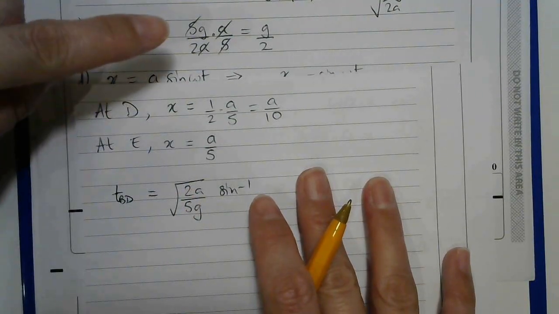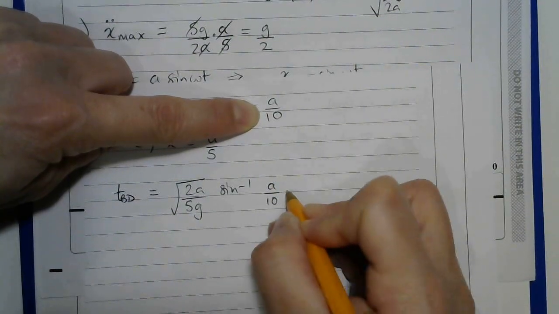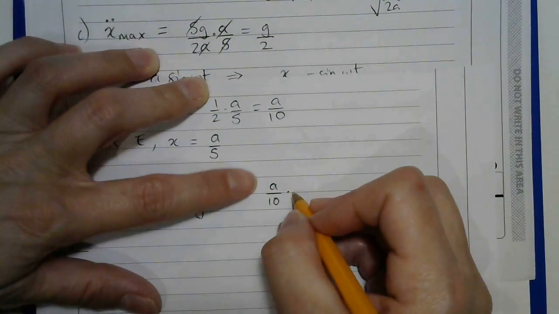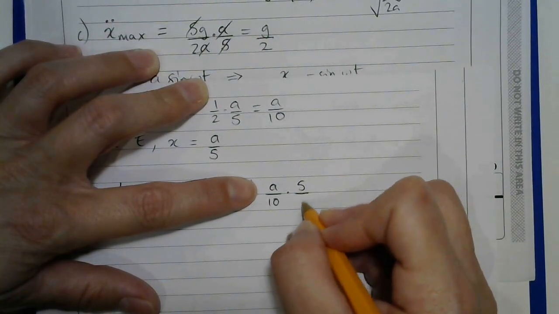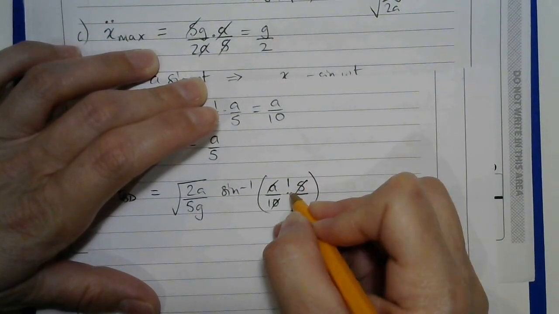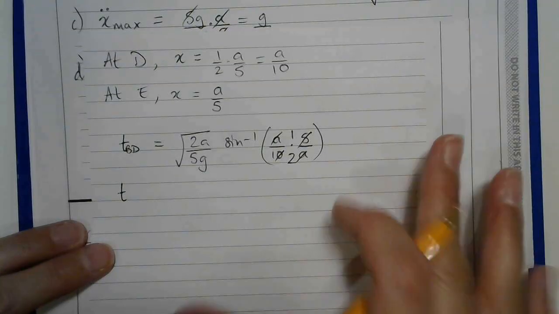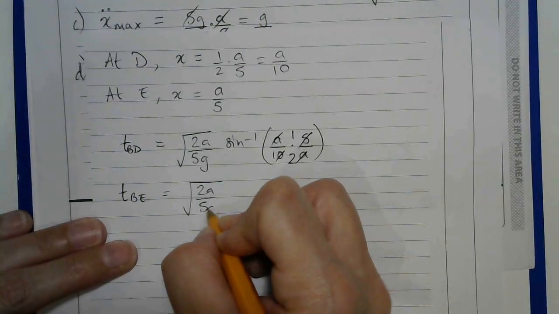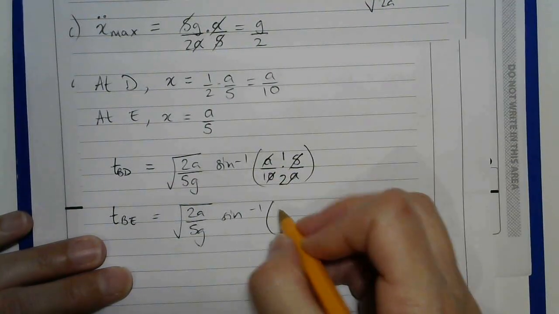So the x was this, so I'm doing x divided by a, where a is the amplitude, and the amplitude was a over 5. So dividing by a over 5 is like multiplying by the reciprocal. And so here this cancels, that cancels, and gives me a half. Then the time that it takes to get from B to E will be root 2a over 5g times inverse sine, and this time I get the amplitude divided by the amplitude, so I'll just get 1.